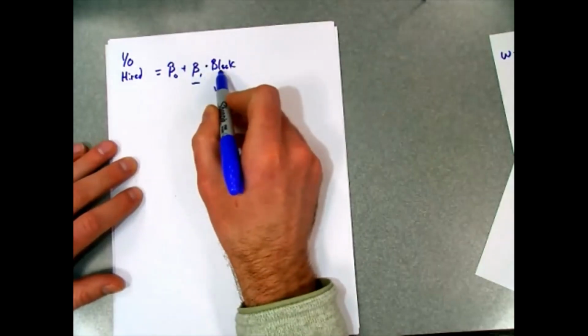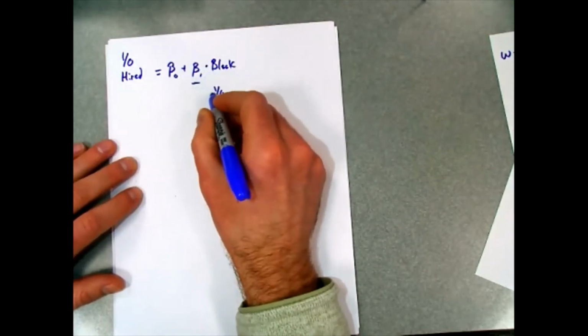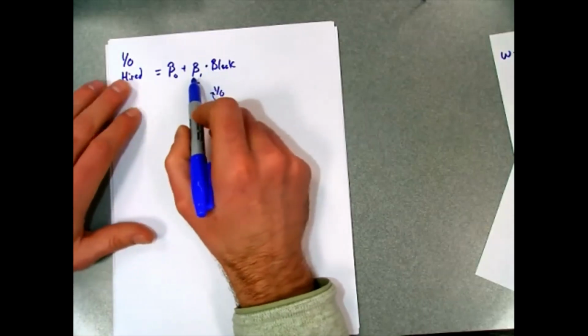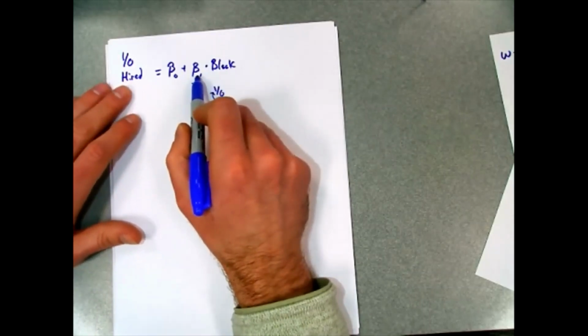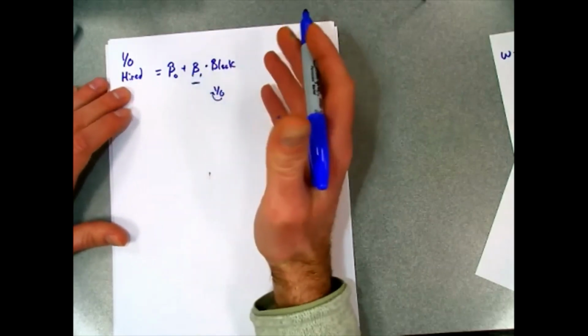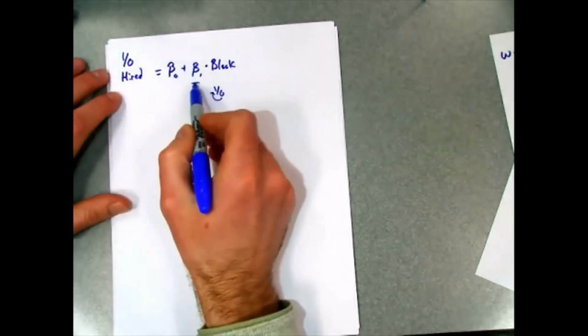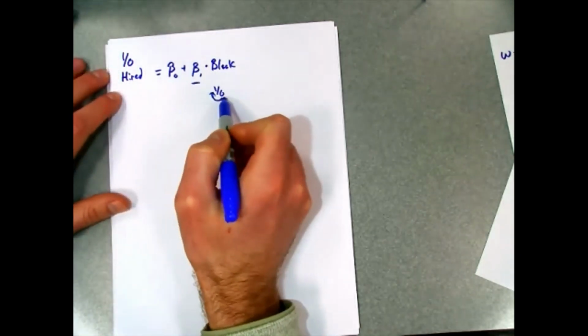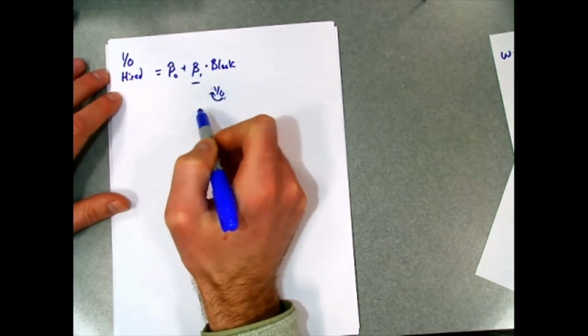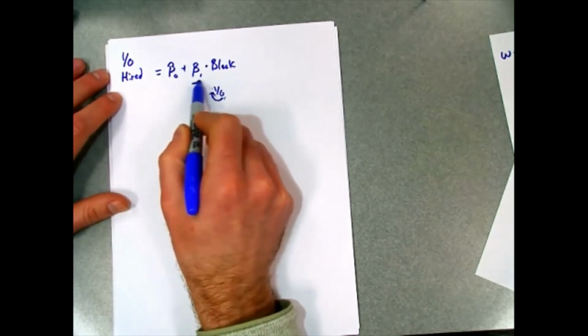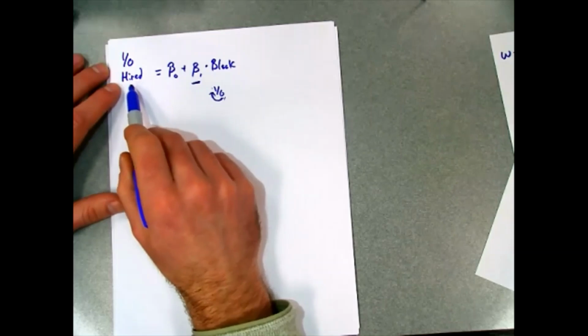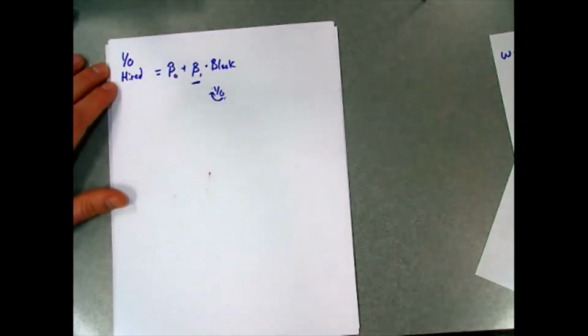A 1 unit increase in my X variable would be if a coach was black relative to white. What's the change in the predicted value of whether or not they're hired? Well, if I have a 1, 0 variable, the predicted change represents increases or decreases in the probability of belonging to the 1 group versus the 0 group. So for a black coach relative to a white coach, the expected increase or decrease in whether or not they're hired would be whatever that beta 1, that slope coefficient, is.